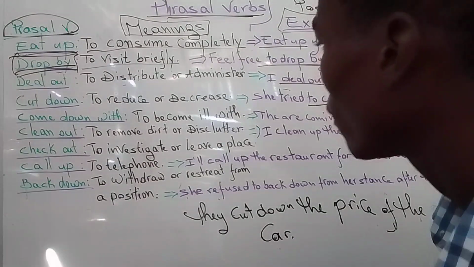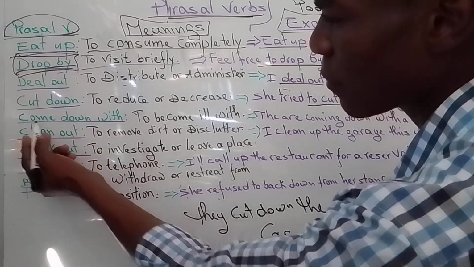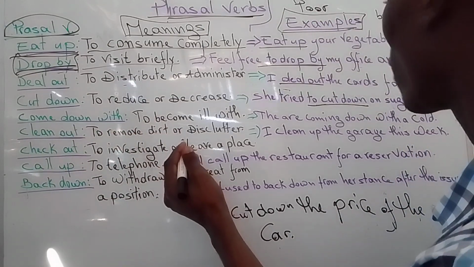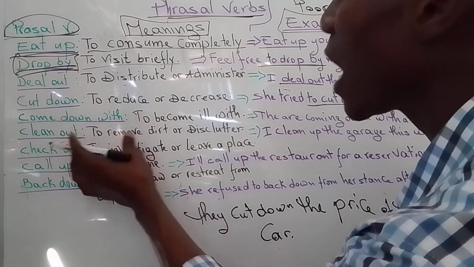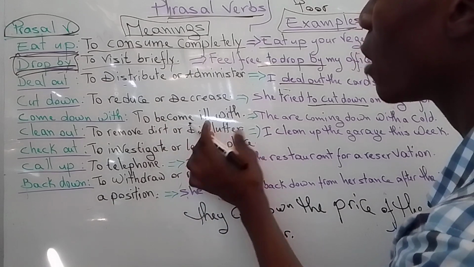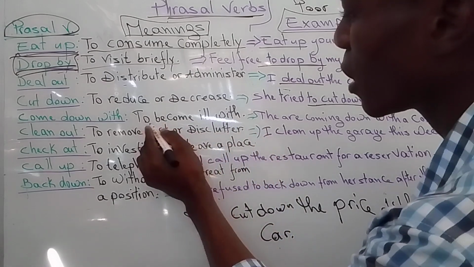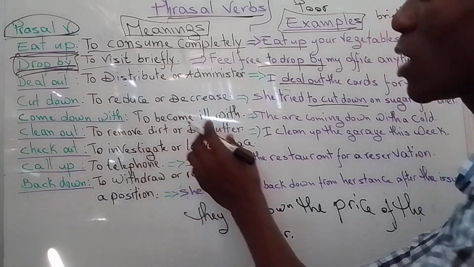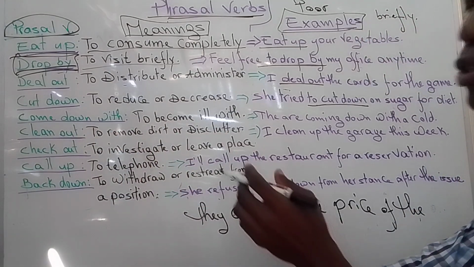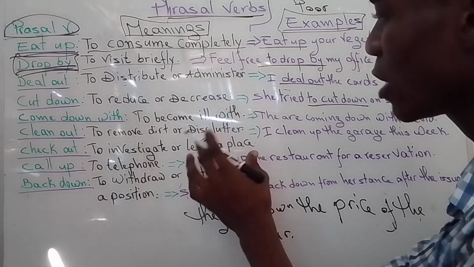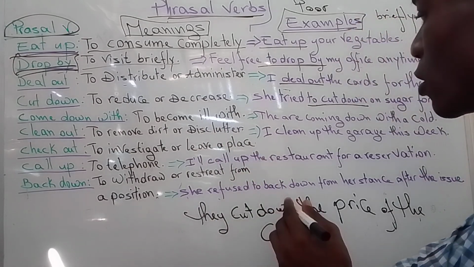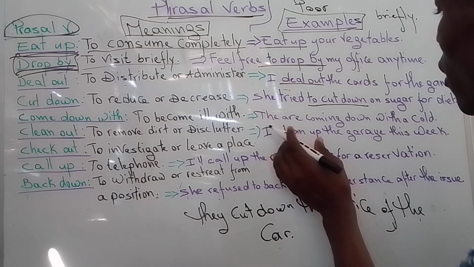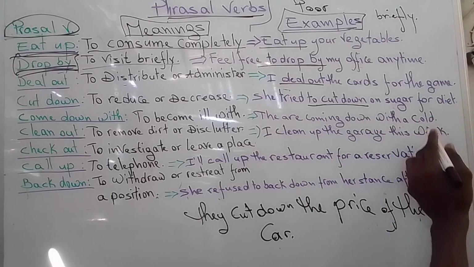Okay, and we have come down with. Come down with means to become ill with. Make sure you get it right because it is really important. The example here is they are coming down with a cold.